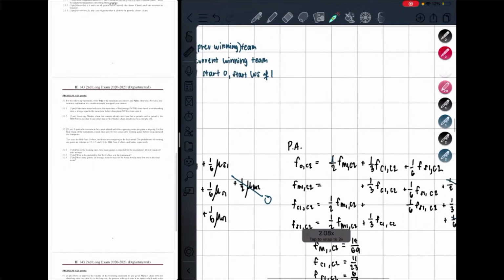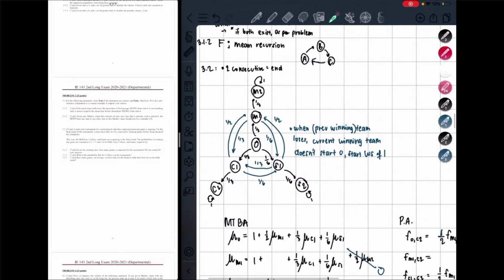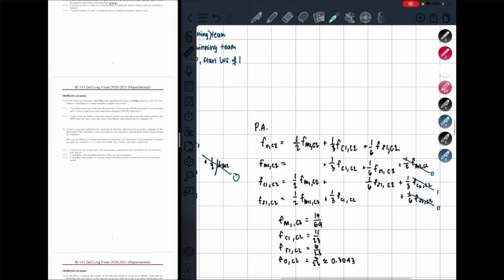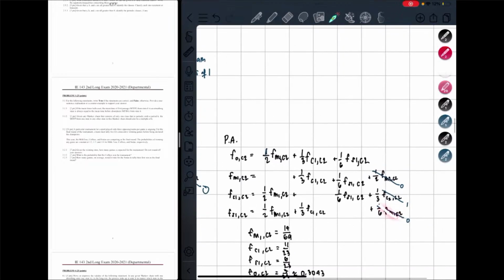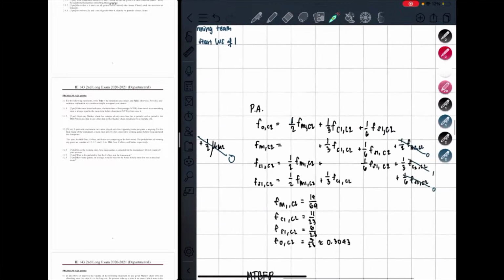And then for S1 to C2, this is the same procedure as M1 to C2, but starting from S1. Take all the ones that are adjacent to it, and then get F from the adjacent state to the target state, which is C2. Same thing here, S2 to C2 cancels because from S2 you cannot get to C2.